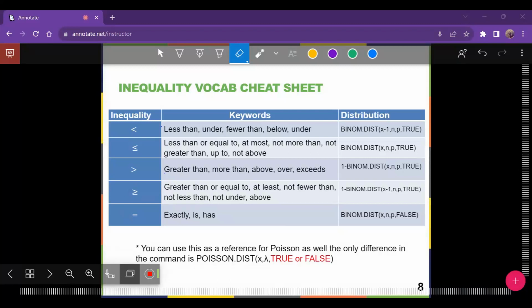You can put that inside of the problem so it looks exactly like what that sheet tells you to do. And then we can put the mean, and then this is true because again we want less than, so we are talking about things that are accumulated. So in this case we get 0.2851 as our probability.